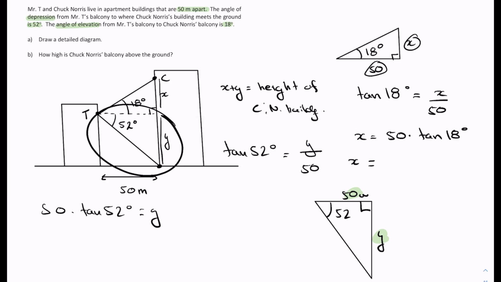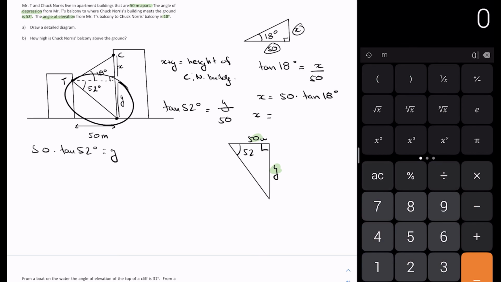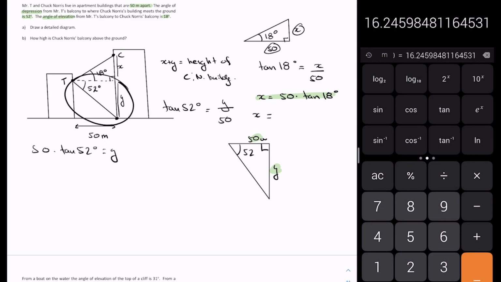Okay, we're making progress. Let's do the calculations. I'm going to pull up my calculator and find the value of x and y. The first one I'm going to do is this guy here. 18 tangent times 50 is 16.2. So the x value is 16.2.